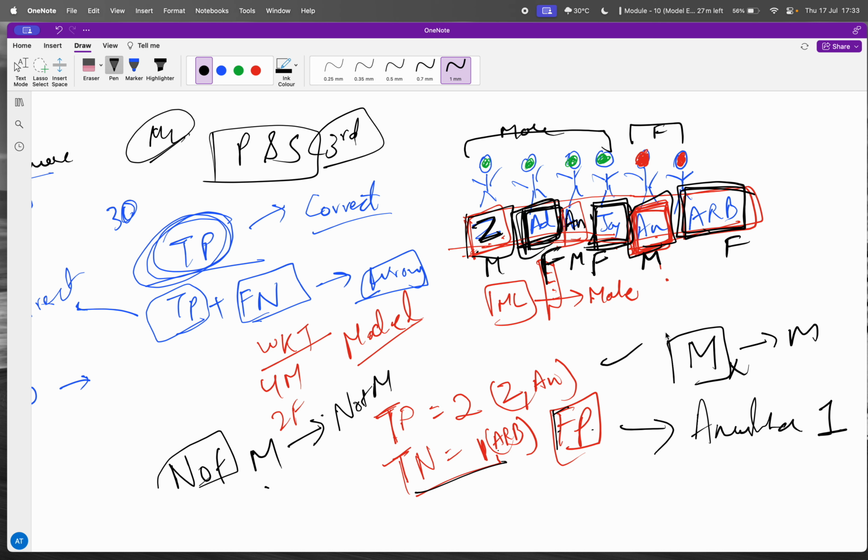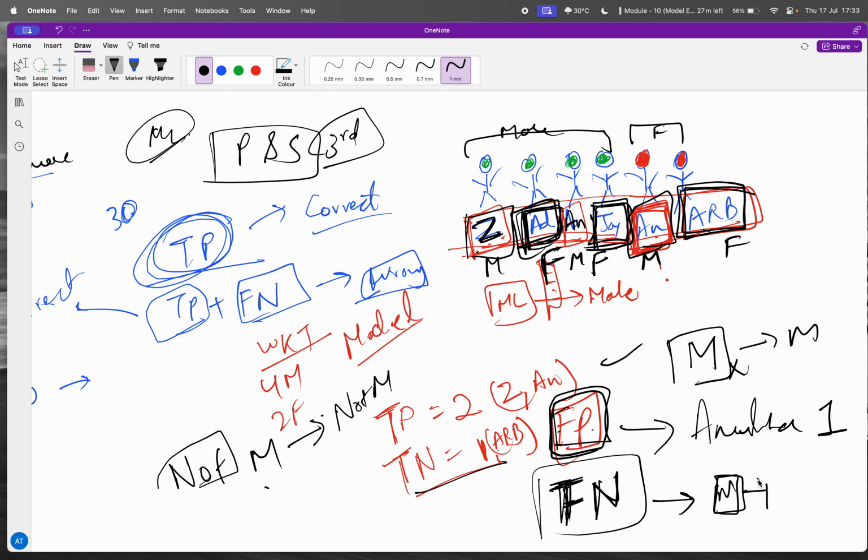Over here, one more term is there, I'll tell you. False negative means that person was actually male but marked as female.